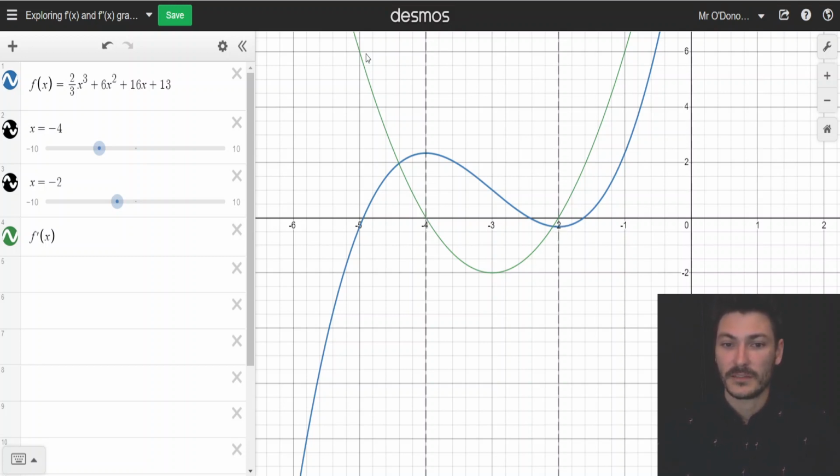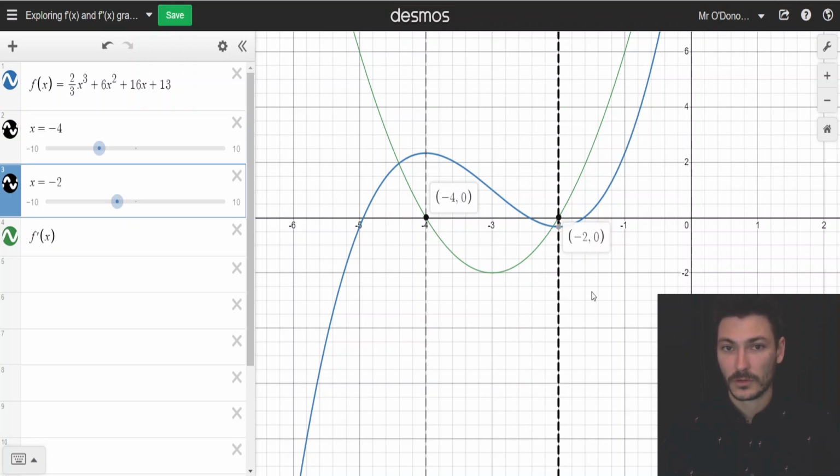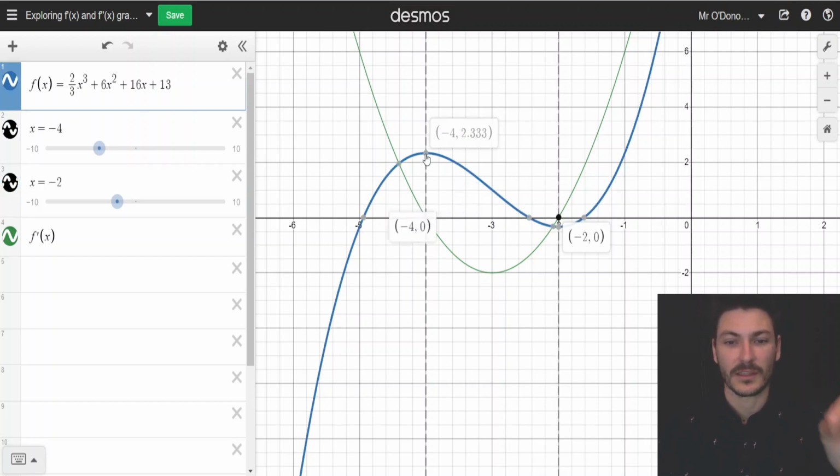Okay, so if we take this first derivative function, which is a parabolic shape, and we let it equal 0, we effectively do null factor law in this case, and we would find that the x-intercepts are -4 and -2. But more importantly, we recognize graphically they correspond to these stationary points of the original function.